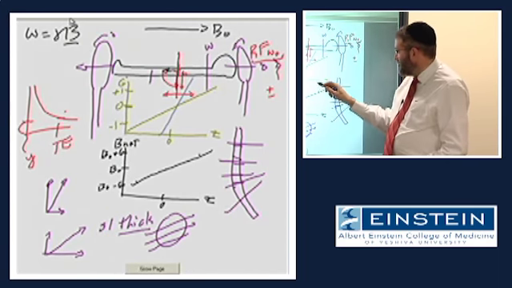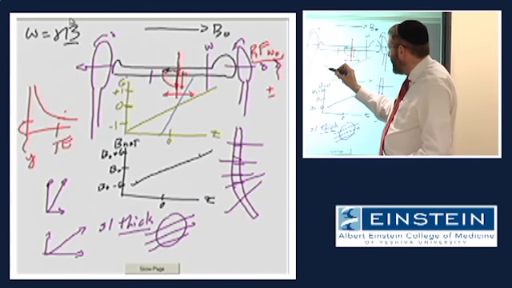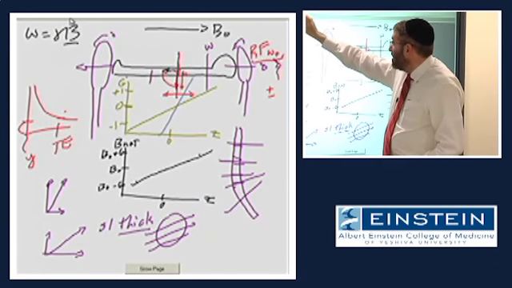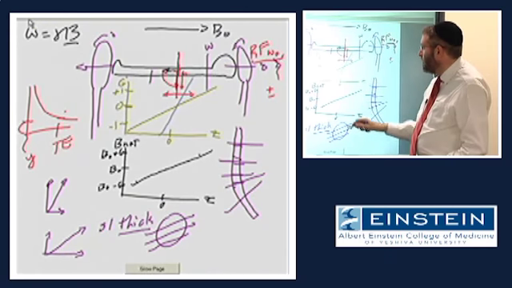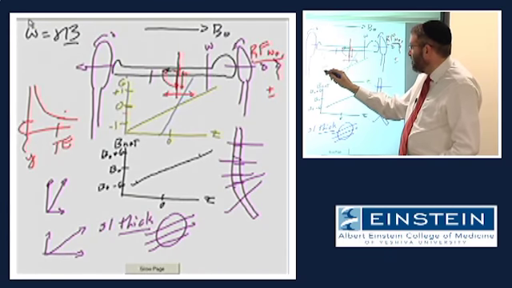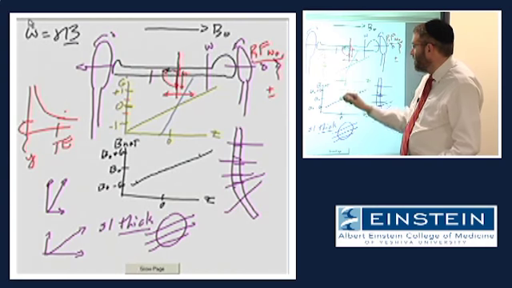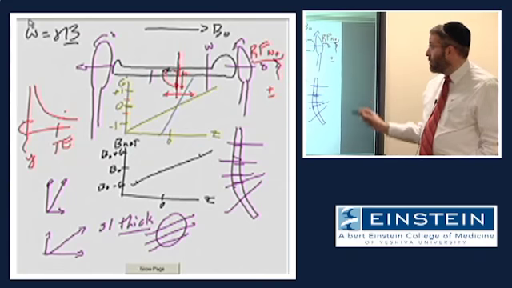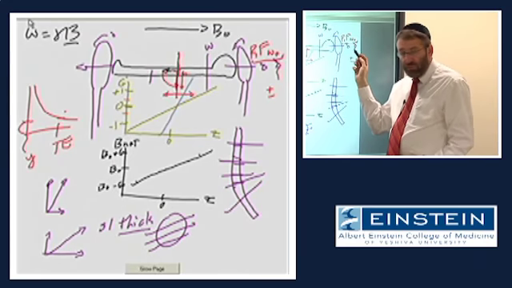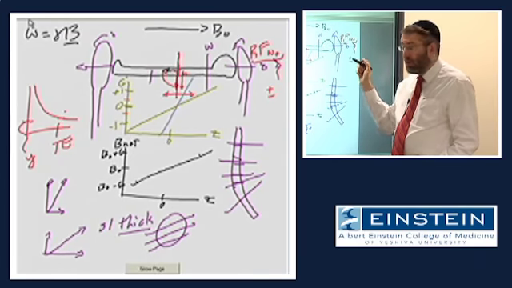In that case, if we think about some range of magnetic field strength, right? And of course, that range of magnetic field strength is going to correspond to a range of precessional frequencies.